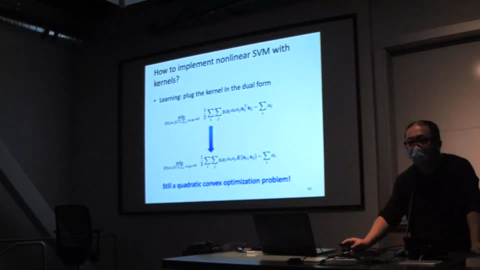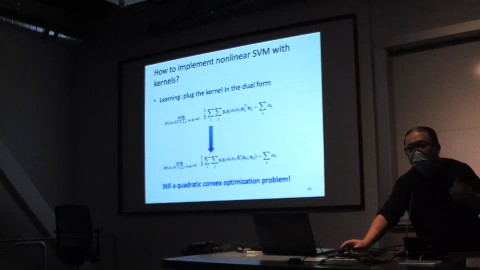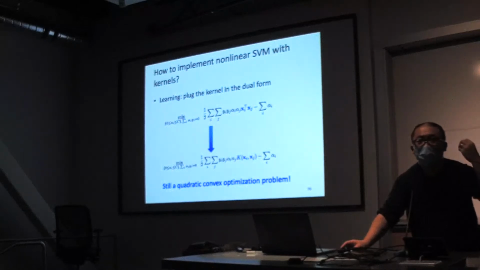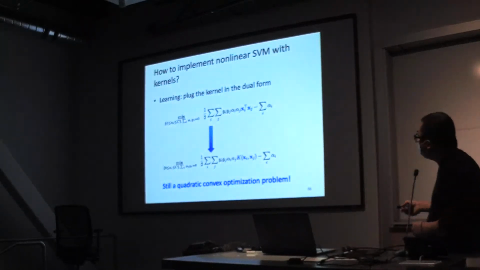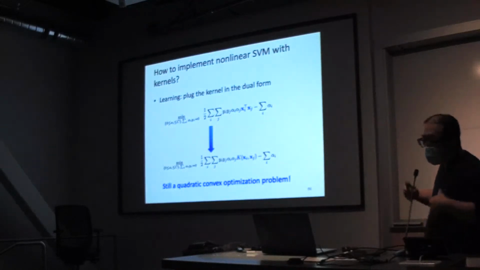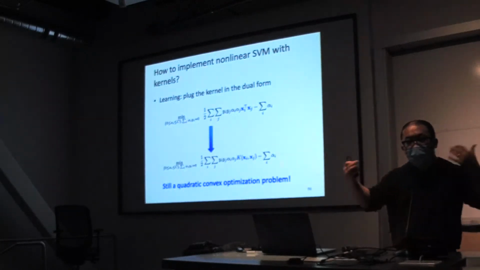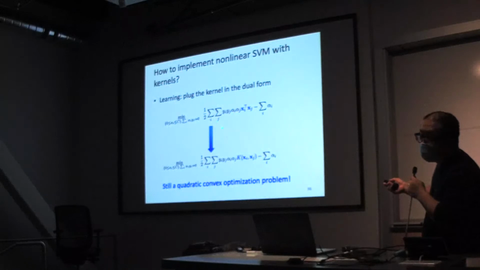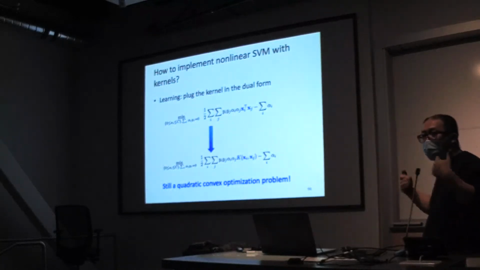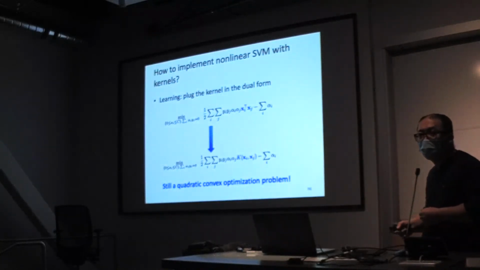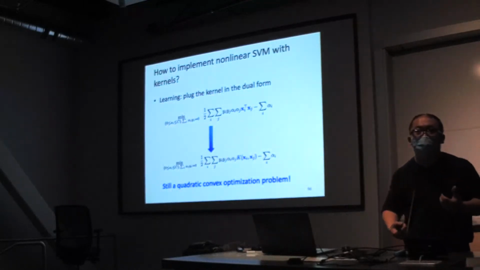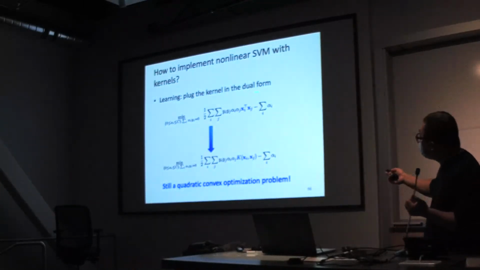Now, assume that we conduct some nonlinear feature mapping into a higher dimensional space with some complicated mapping phi. In this new feature space, if you want to learn SVM, in our dual form we need to replace this inner product by phi(x_i) transpose phi(x_j). After feature mapping, we do the inner product. Now here is the kernel trick. We don't need to explicitly compute the feature mapping.